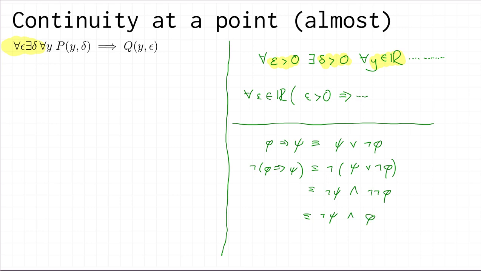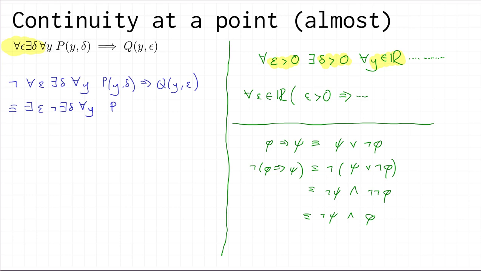Okay, so if we want to negate this first order formula, let's do it. We have the negation of for all epsilon, exists delta, for all y, p of y delta implies q of y epsilon. And we're going to use the same quantifier logical equivalence that we've used before to say that this is logically equivalent to there exists epsilon such that not there exists delta for all y.